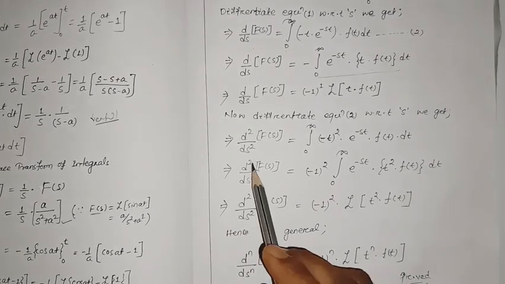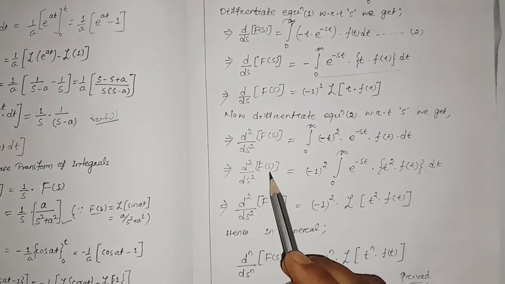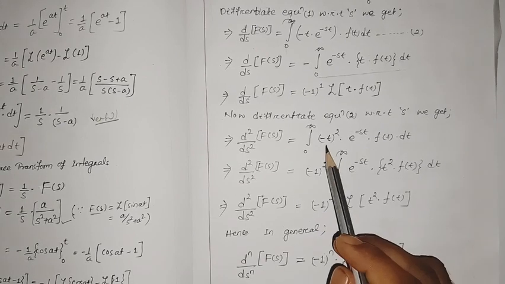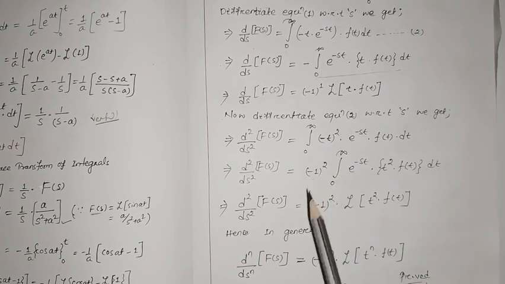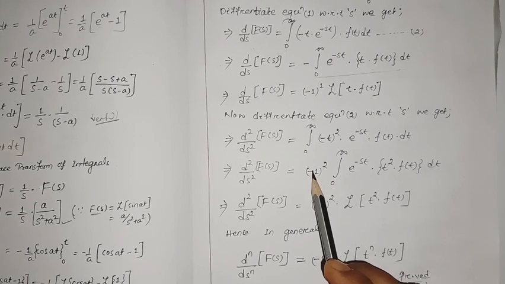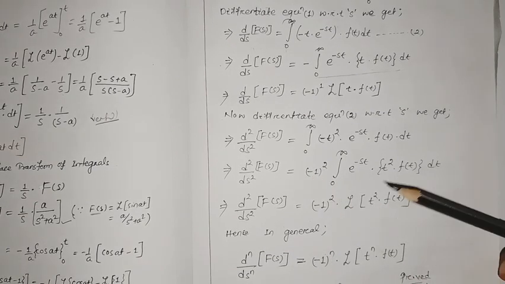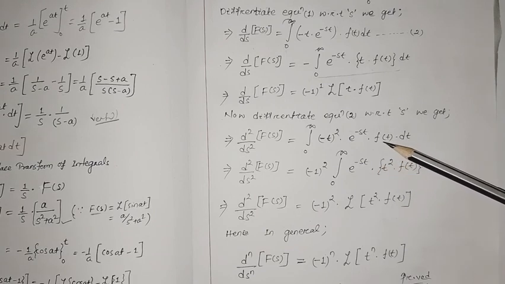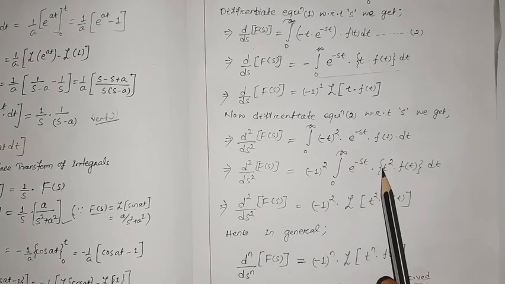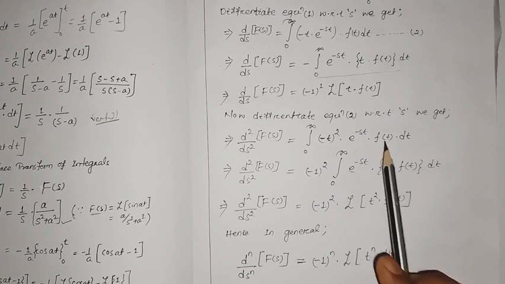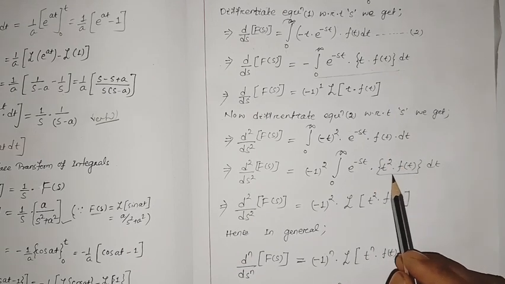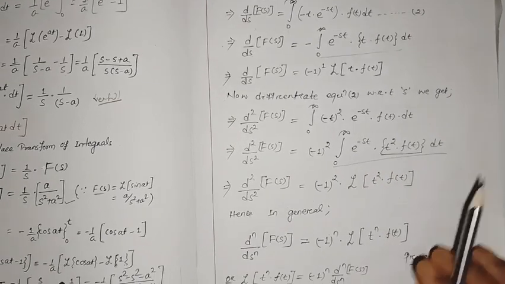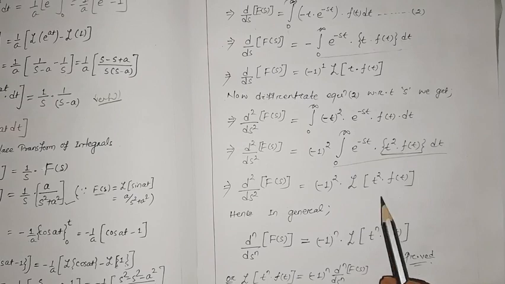That implies d square by ds square of capital F of s will be equal to minus 1 to the power 2, which can be taken outside of the integration, integral from 0 to infinity of e to the power minus st, with t square taken near f of t and considered as a whole function. This integral is nothing but the Laplace transform of t square f of t.